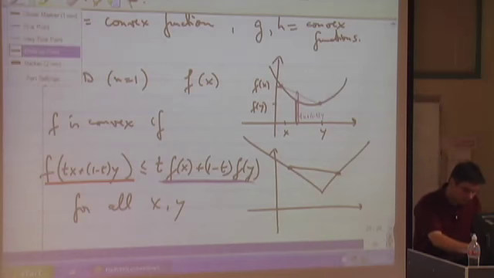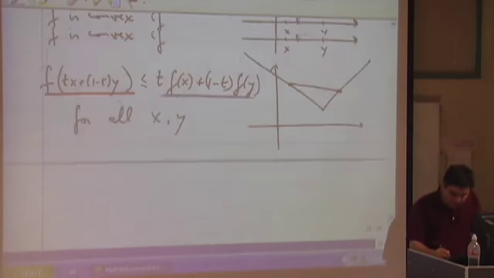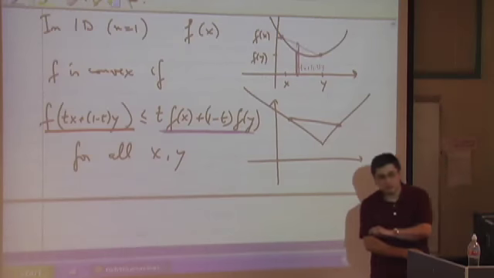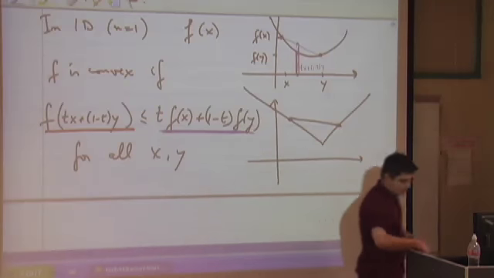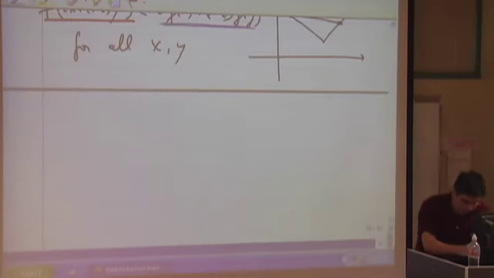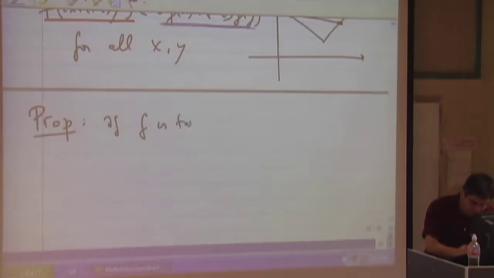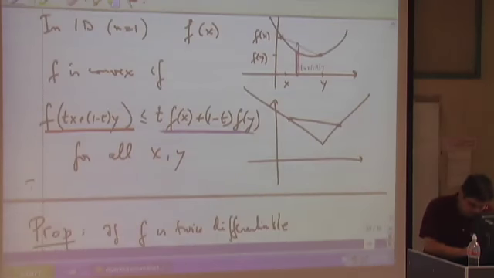Okay? Now, obviously there must be a connection between this and the second derivative of f, if the second derivative exists. So the first thing to say is the following: this is the same definition for general n.